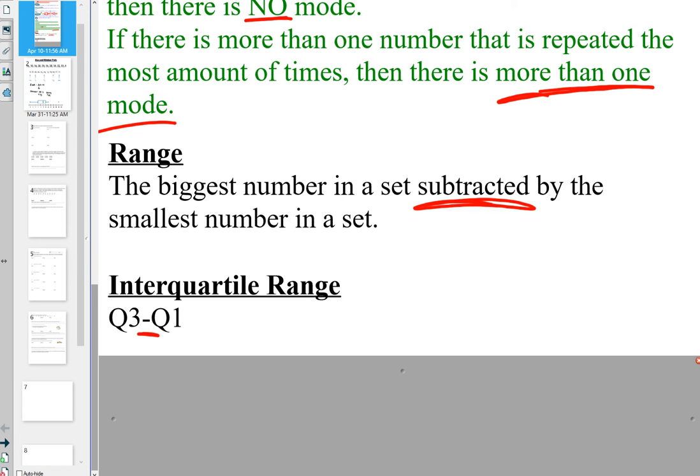When you're being asked for interquartile range, it's always upper quartile minus lower quartile. This is used to figure out spread, to see how spread out scores are. But this is used to calculate something that Nakai said earlier, which are outliers.